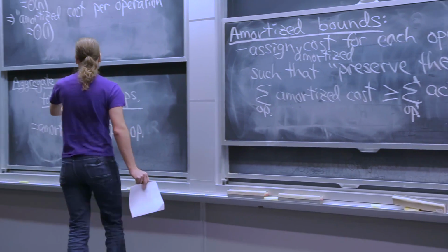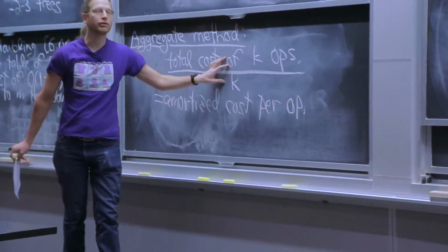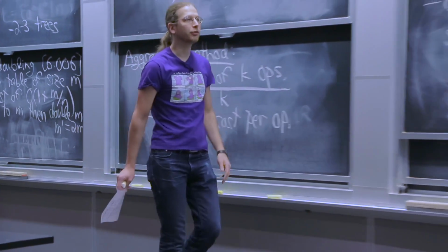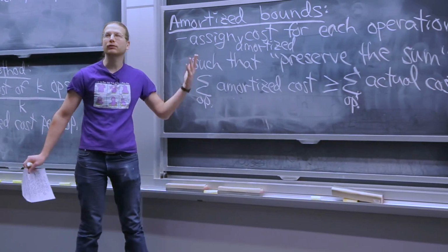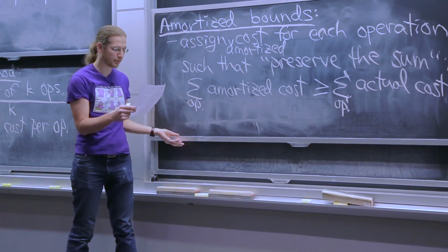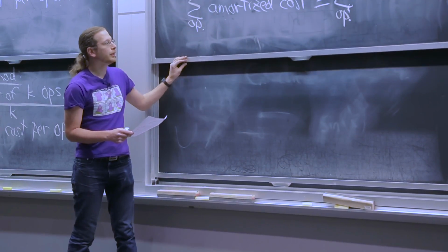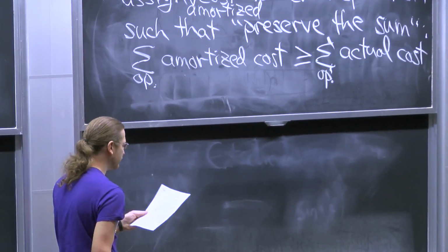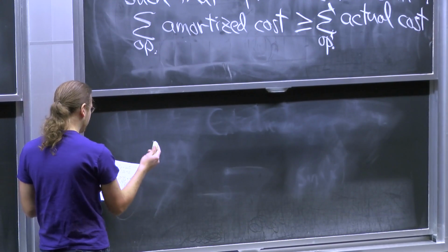One option would be to assign the average cost to each operation. But we have a whole bunch more operations. We could say inserts cost more than deletes, or things like that. In fact, let me do such an example. A couple of weeks ago, you learned about 2-3 trees. This would work for any structure, though.